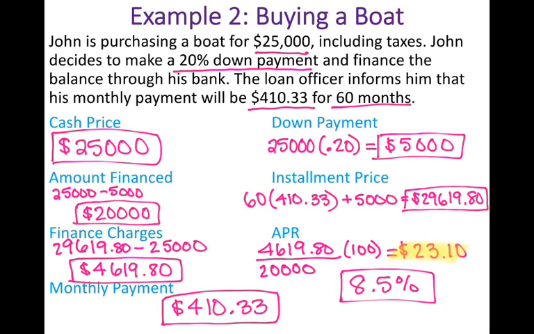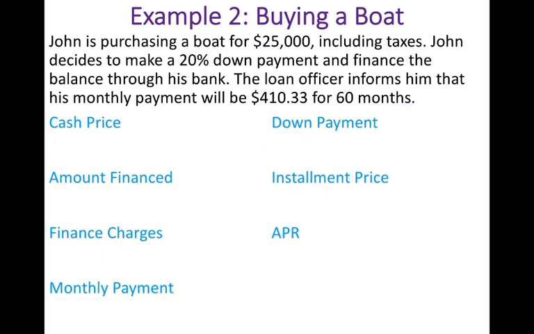Now, once again, I want to go over how we found every single piece, because it's a lot of numbers just floating around. The cash price is the amount you'd pay in cash. The monthly payment was actually given to us in this particular problem.